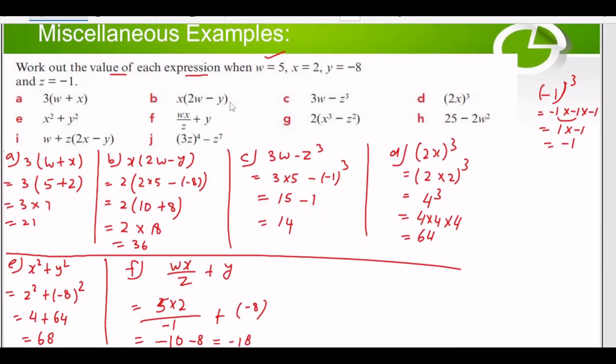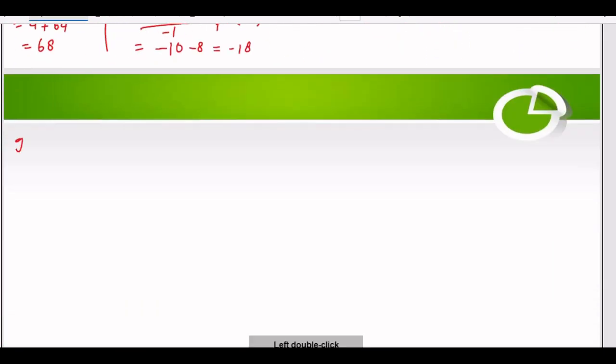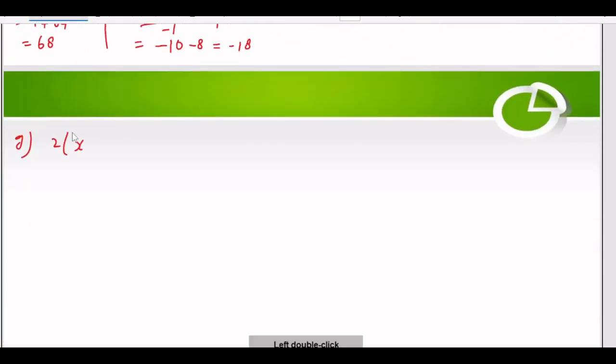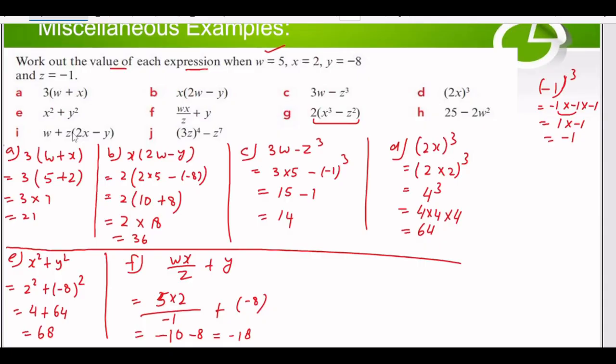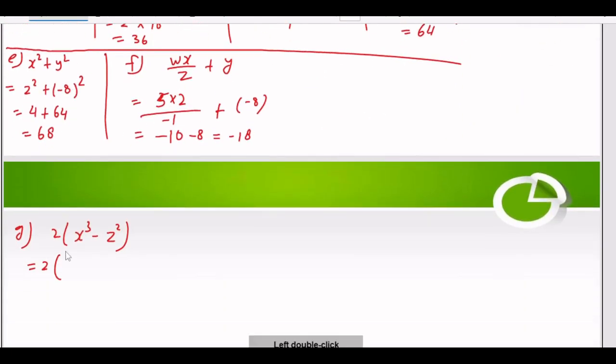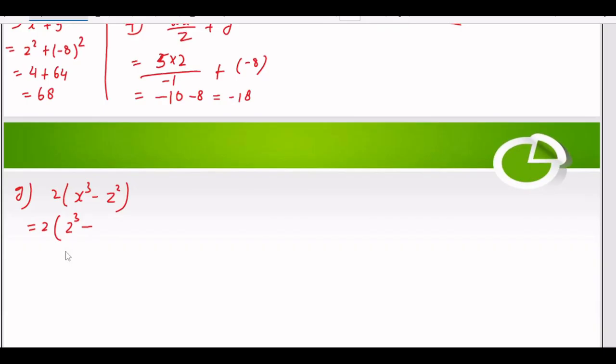So part G is 2 into x cubed minus z square. So 2 into x cubed, x is 2, 2 cubed, and z is negative 1, so it's negative 1 squared, right?